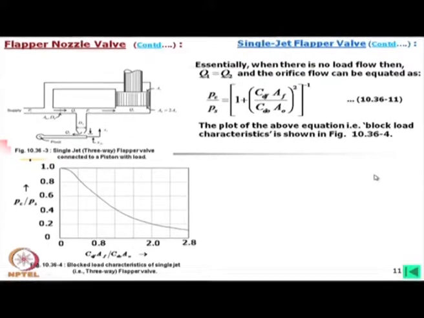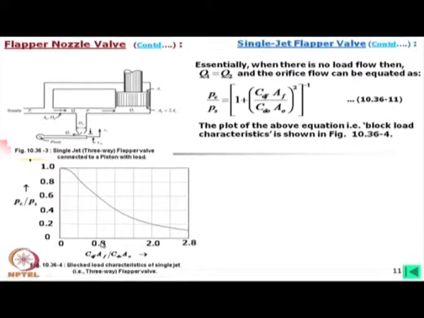The plot of the above equation is the blocked load characteristic, it is called blocked load characteristics. This can be presented in this form. So, this ratio is varying from 0 to 2.8.